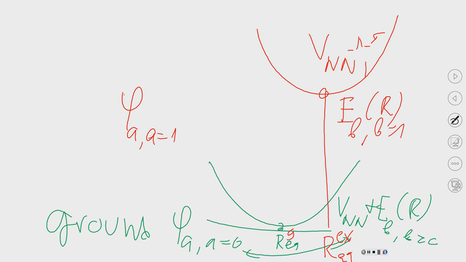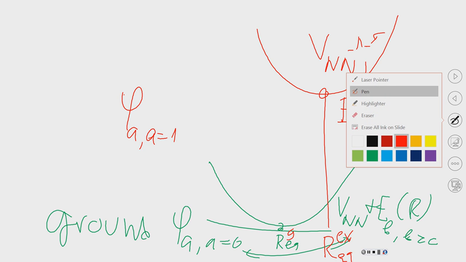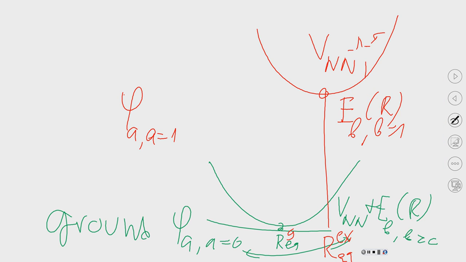If you go to the next excited state, it may shift further in the same direction or a different one and experience different shapes. Or it can become something violent.